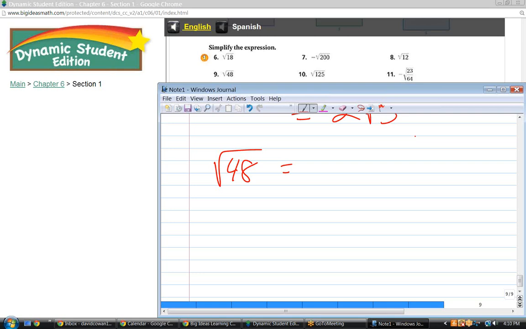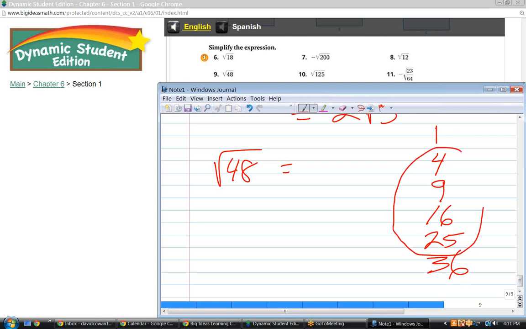Starting with 1, give me the perfect square numbers. 1, 4, 9, 16, 25, 36. That's about all the further you need to memorize, because it's rare that something's going to be divisible by 36 or 49. So these are usually the numbers you're always dealing with in that area.